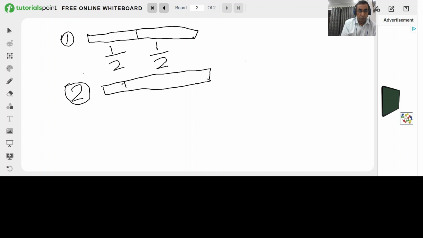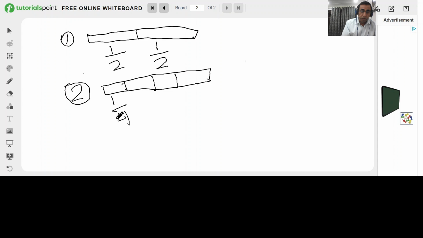One, two, three, four. Each part is equal, which means that stick has been divided into four equal parts. So the value of each part will be 1/4 because that has been divided into four parts.